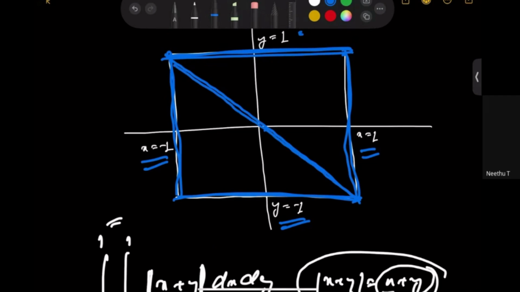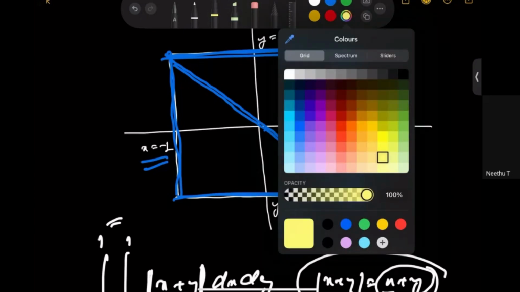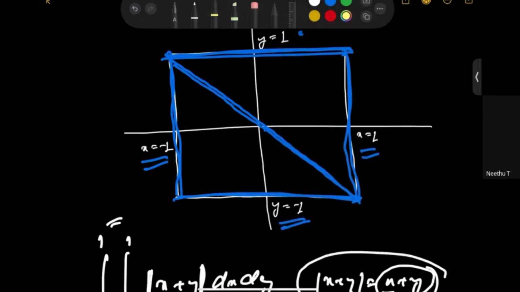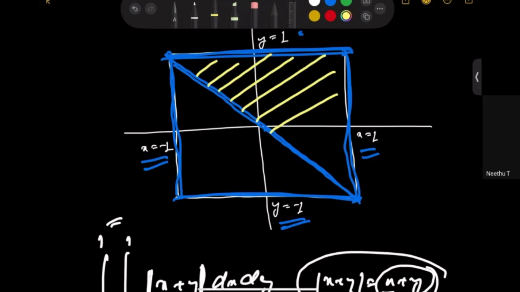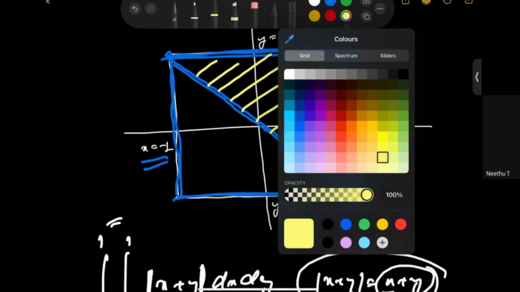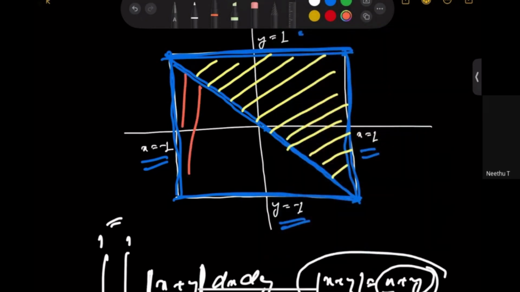So I divide it into two regions. This is our first region, and the second region is this one.